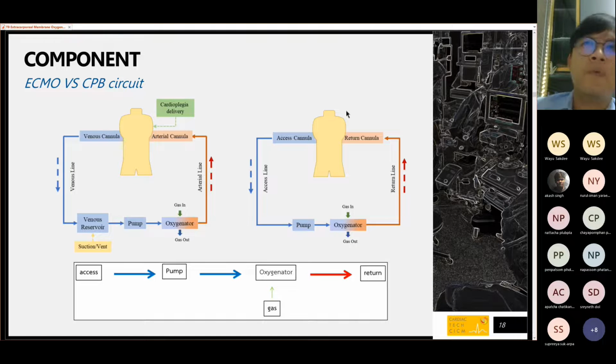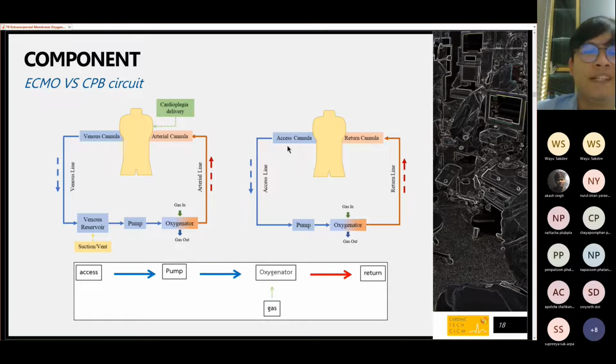You can see we cut off some complicated additional components. We do not need cardiac arrest, we do not need the cardiopulmonary delivery system, we do not need the reservoir, and we do not need the suction and vent. So cut them off, and you can see it's only cannulas.